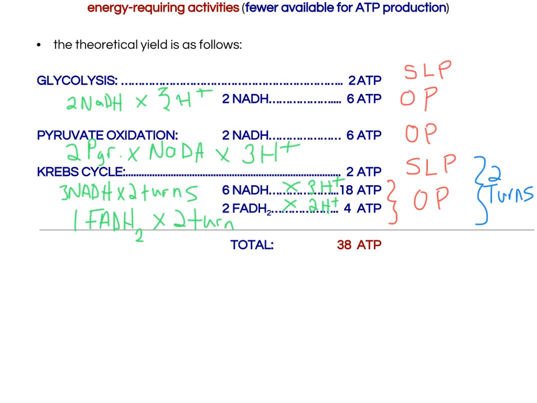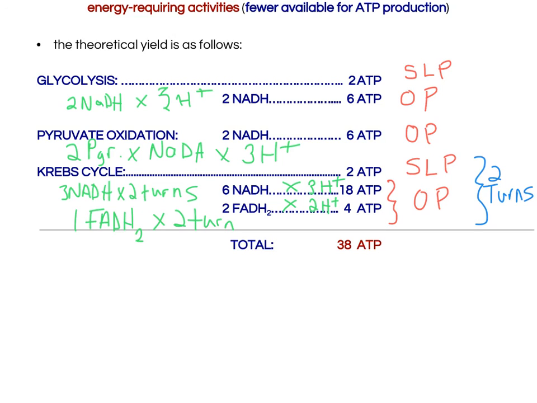It's not going to give up its electrons to NADH dehydrogenase, but to the next protein complex in the electron transport chain. Hence the 2 protons, and those 2 protons translate into 2 ATP. Because we have 2 FADH2s times 2 protons pumped, that will give us 4 ATP in total.